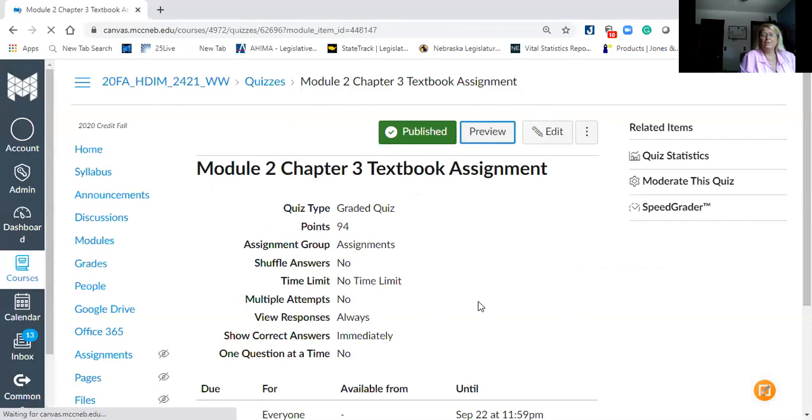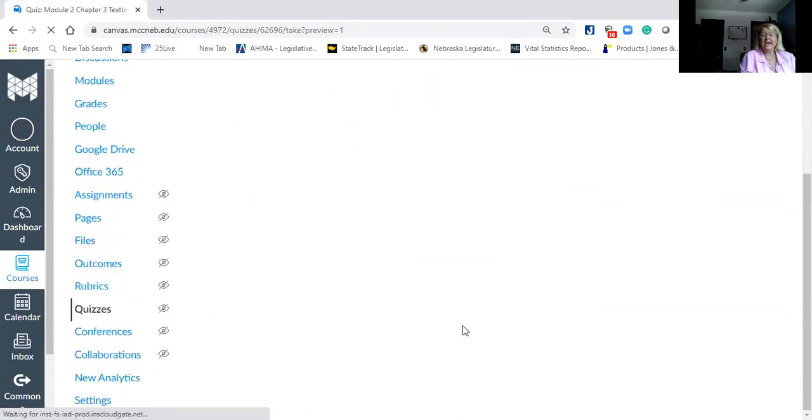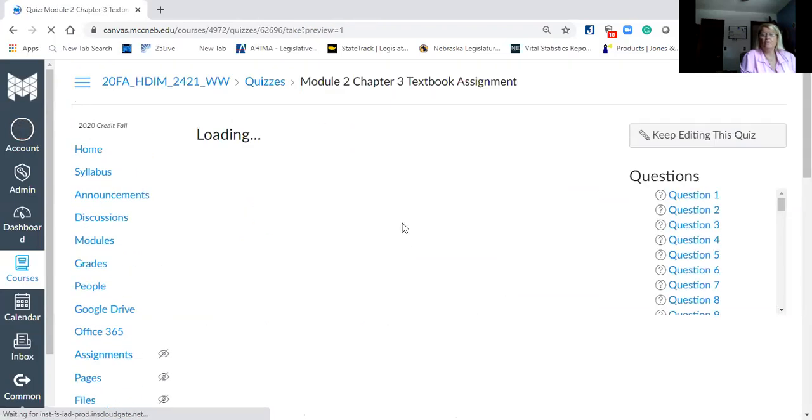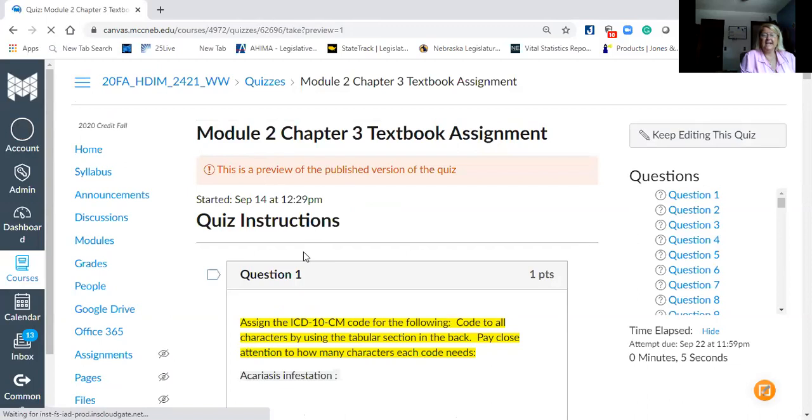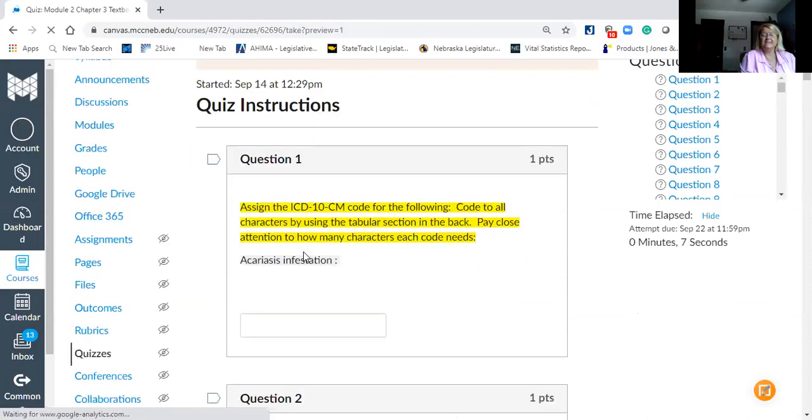I know it says 94 points and it seems like a lot, but I'm going to be honest with you guys. In order to learn this, you have to do it. You can't just read it and think you know it. This is a skill set you have to develop, and this is a very important one because this is going to come back to get you in the next class, because you will still have to code for ICD-10 next quarter along with CPT.